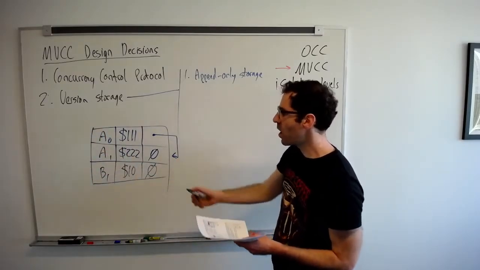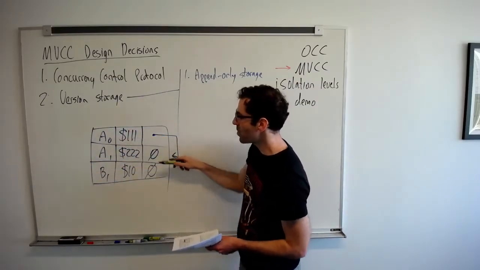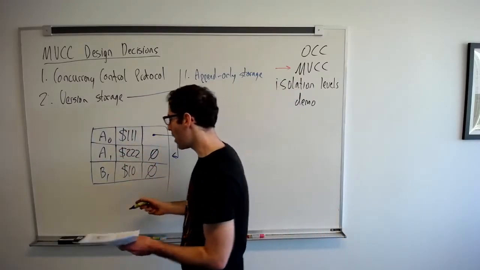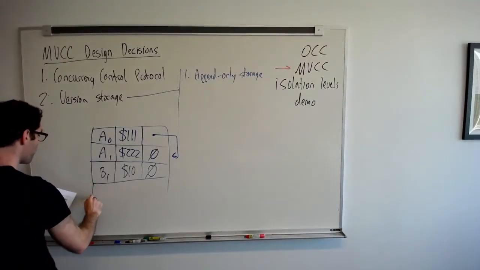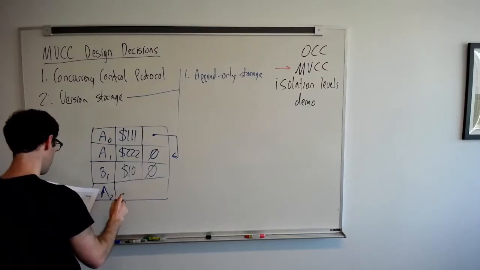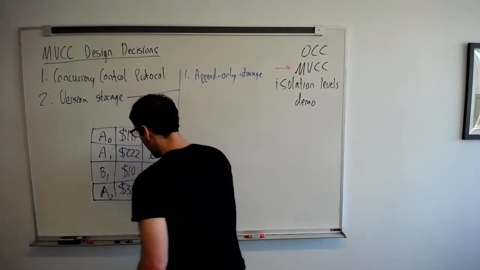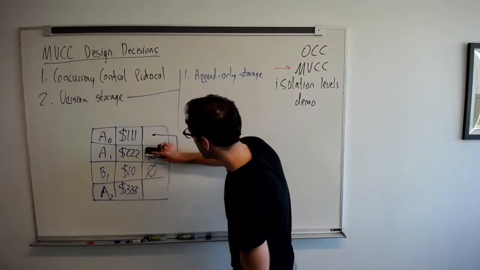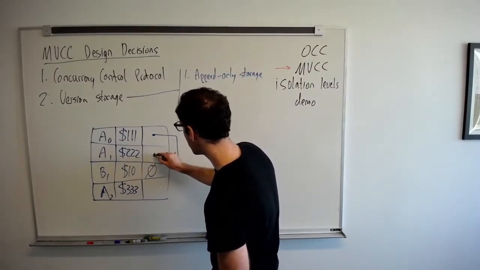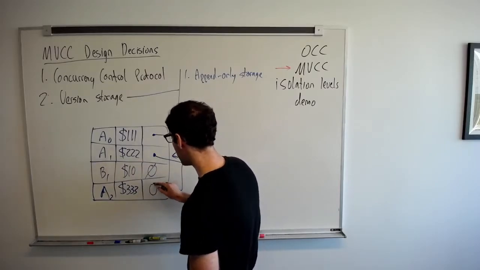And so then let's say we have another update to A. We don't overwrite the current version. We add another physical copy. So we have some A2, 333, and then we would update the pointer for A2 to lead us to A3.